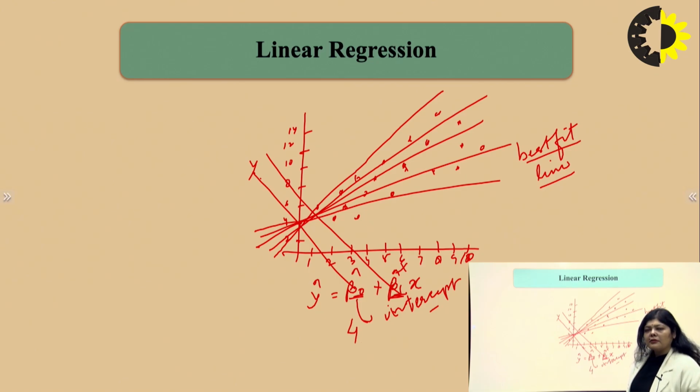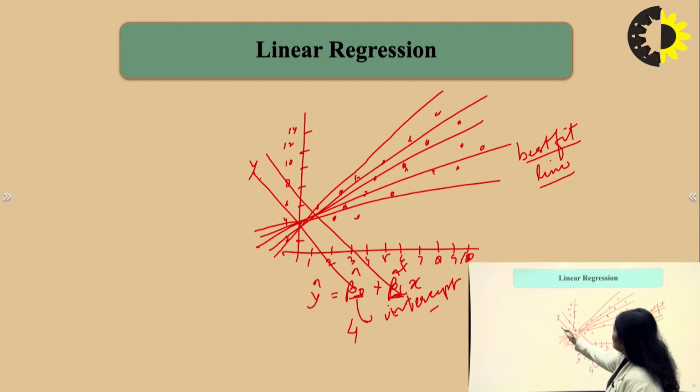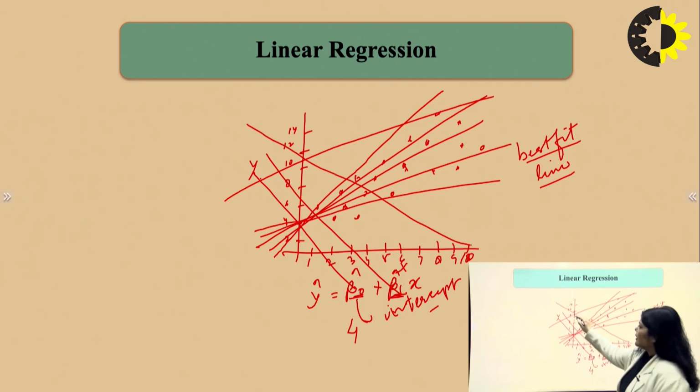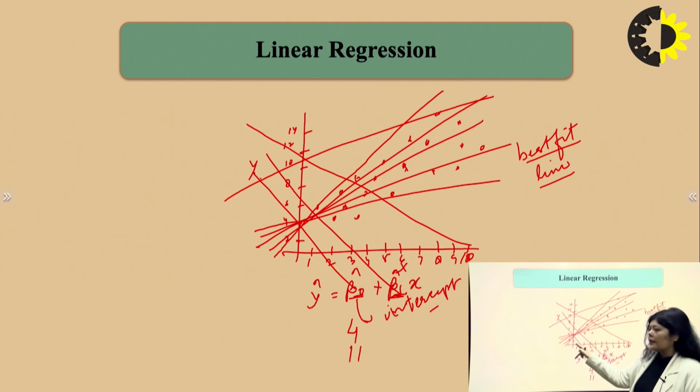And if I put another line from here, I can say that the intercept is 11. So intercept tells us where on the y-axis the line is crossing or intercepting.